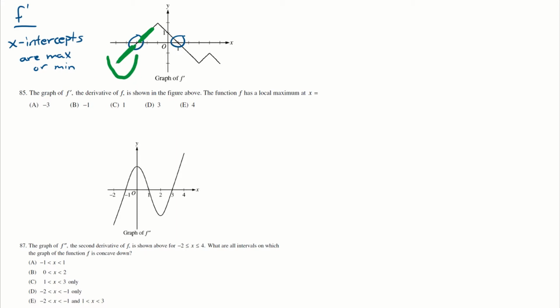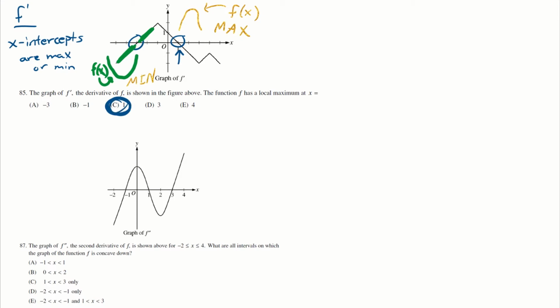That's what f of x would look like. And at the other intercept, it's positive, so a positive slope going to a negative slope. This is what f of x would look like, which means this is a max, and the first one we drew is our minimum. So at x equals 1, we have the maximum we are looking for. So C is our answer.